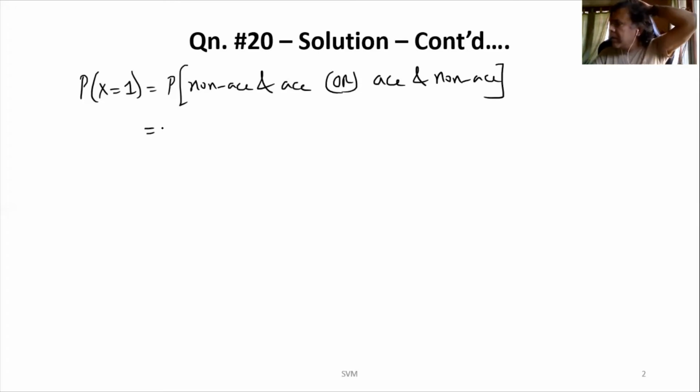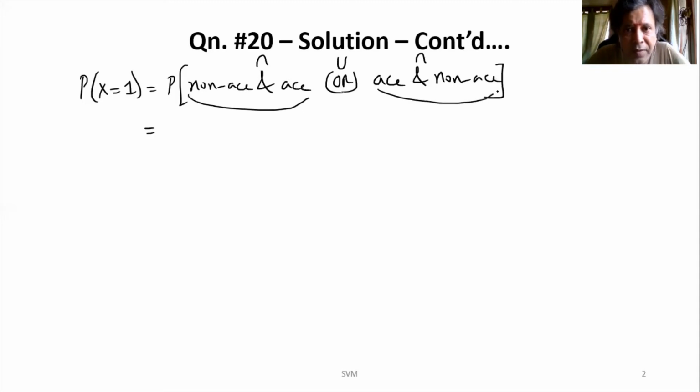Each is an intersection of independent events, and the two joint events are mutually exclusive, since if one happens it prevents the other.